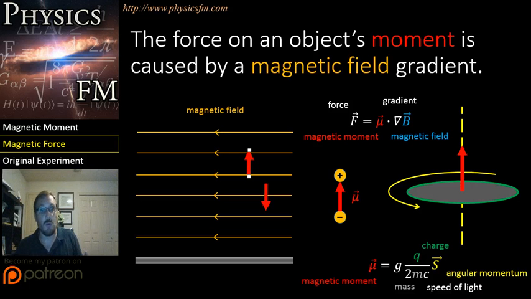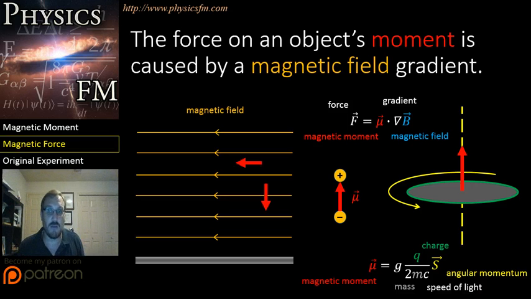And now what would happen is that the object would rotate, right? You see, it would rotate just like this, so that the object would try to align with the magnetic field. And that's what happens in a uniform field.